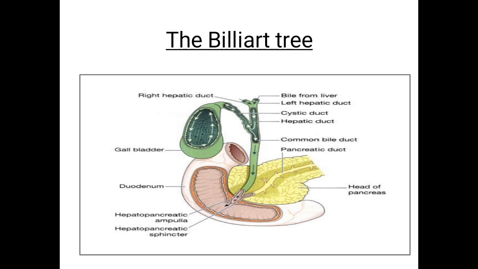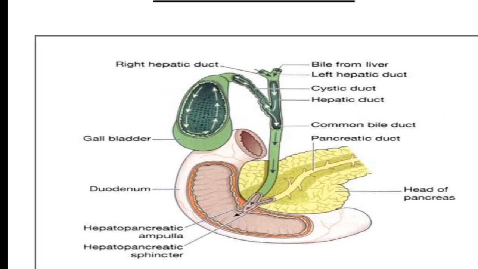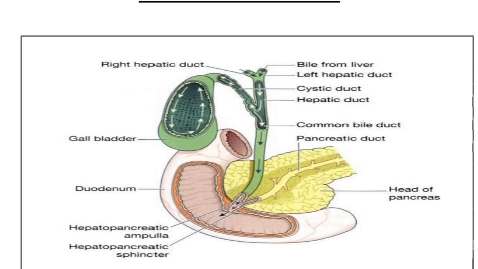Pardon me, it was supposed to be biliary tree. So the first thing, your heading, very important. Then you draw a diagram. After drawing your diagram, your labels should be on the sides, as you can see in this diagram, I've got labels on both sides.